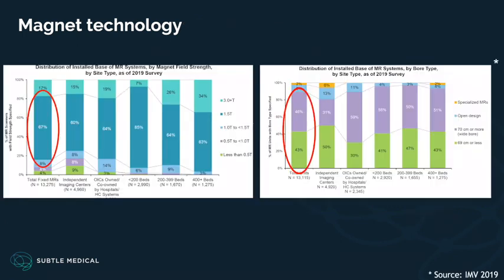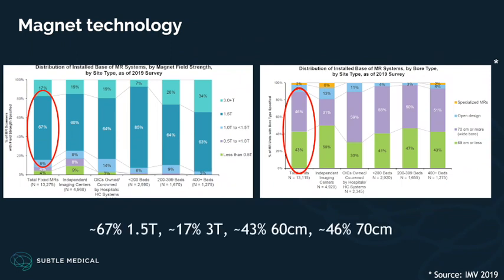But in reality, looking at the IMV survey, about 85% of the install base is either 1.5T or 3 Tesla. And there is a reason for that. The field strength cannot go higher because it increases the complications from a siting perspective as well as from the MR physics.